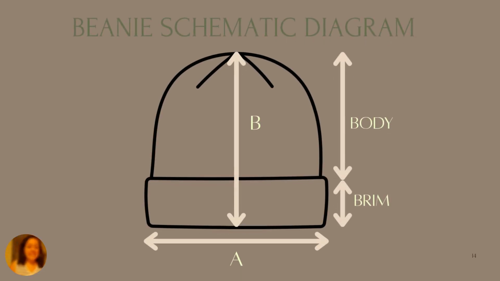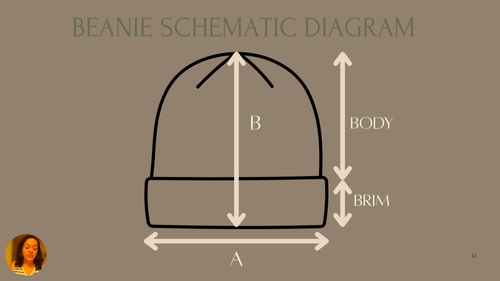Beanie schematic diagram. Have you seen this before? If not, I want to introduce you to the beanie schematic diagram. This tells you what to expect on this beanie. It communicates the length, the width, the brim, the body, what it looks like.